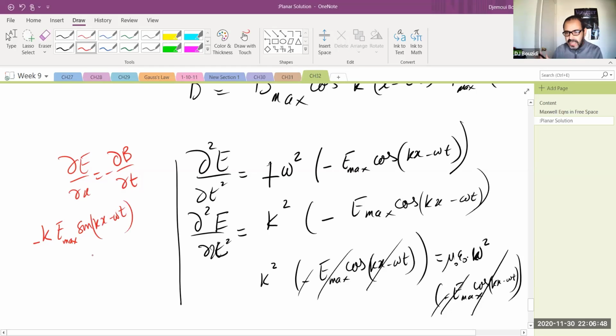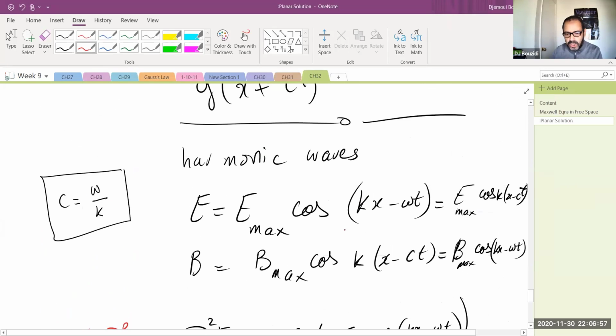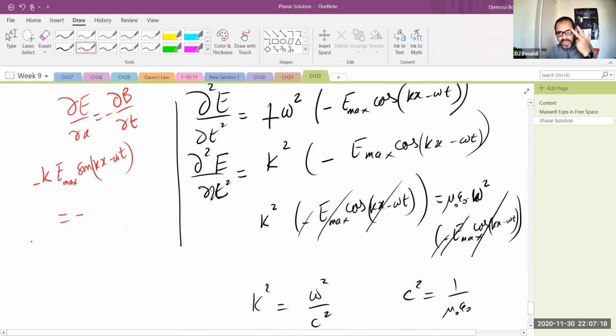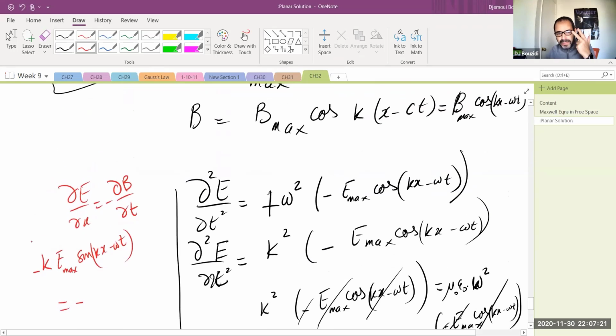That's one side, equals to minus, this minus, dB with respect to t. So take the derivative of B with respect to t. First of all, there is a minus in here. There is the minus coming from the cosine, and there is a minus from this expression itself. So there are three minuses, so I'm left with only one minus.